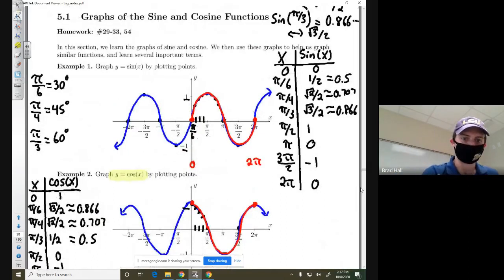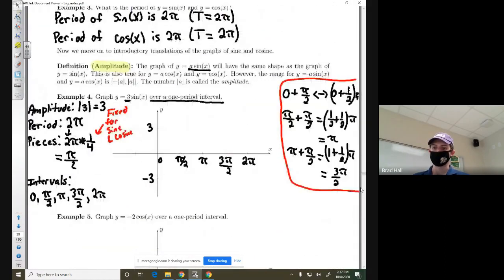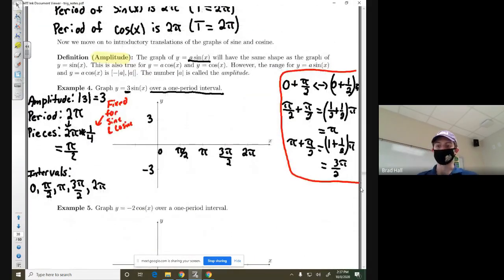This makes sense because we had 1, 2, 3, 4, 5 points to resemble our 1 period. So it makes sense that we need 5 points to represent the period in this case. So that's why we have these 5 down here. In this problem, they're the exact same.